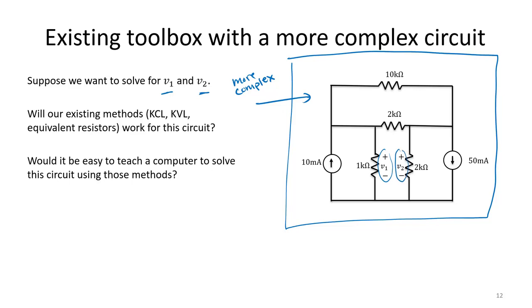Question for everybody here is, would our existing methods work for this circuit? Would we be able to combine resistors? Could we combine series and parallel resistors?